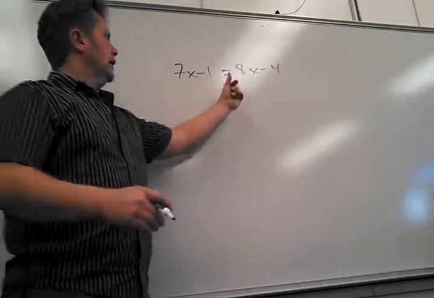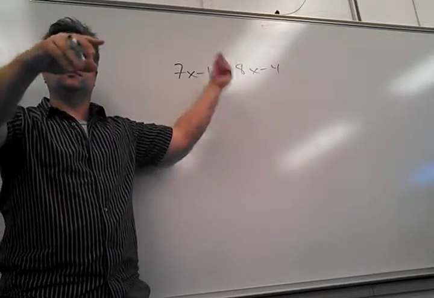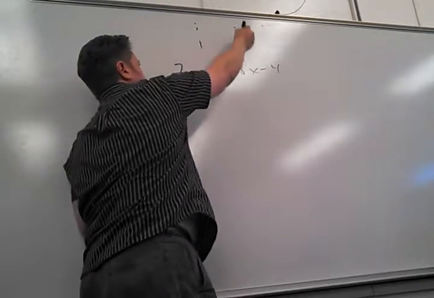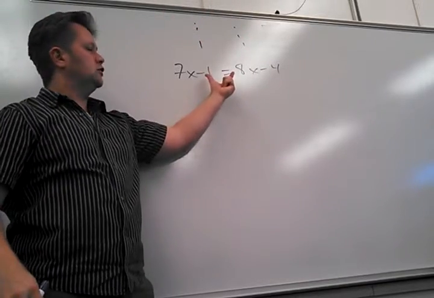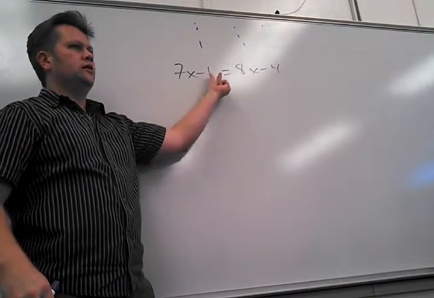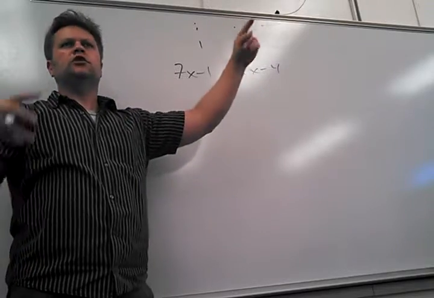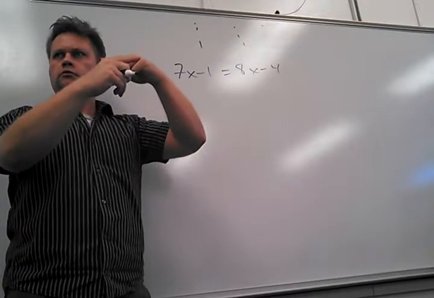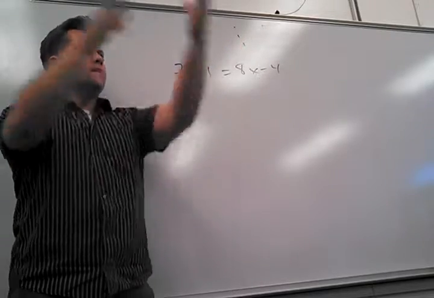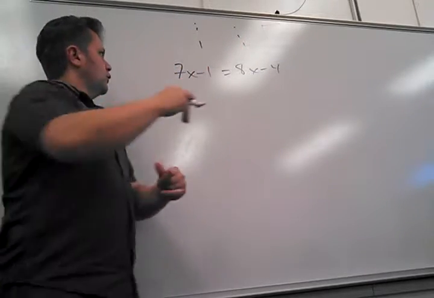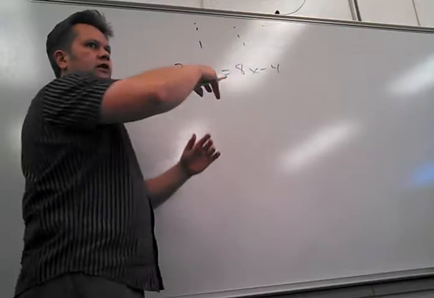Maybe there's some work that was done before this. Maybe somebody had distribution. They got the like terms together. And very often we get to a point where x is in numbers, and this is where you just choose a way to go. All your x's have to be on one side. All your numbers have to be on the other side. Whichever way you choose to move things is going to set up which way to move the other things. Right? So which way do you want to move what?